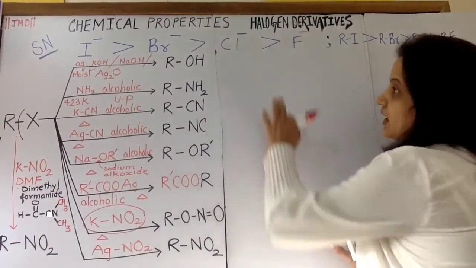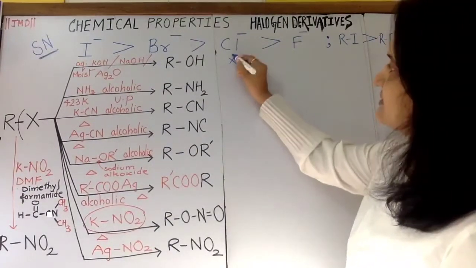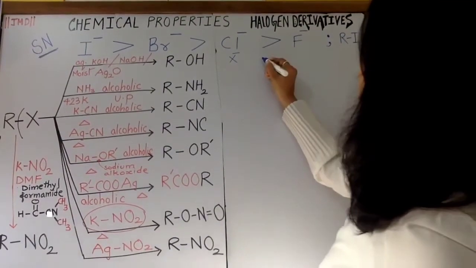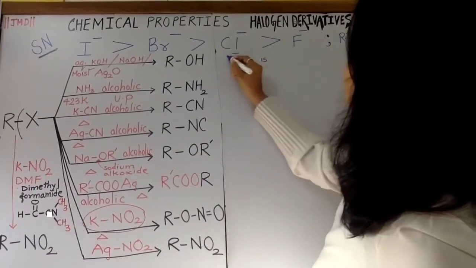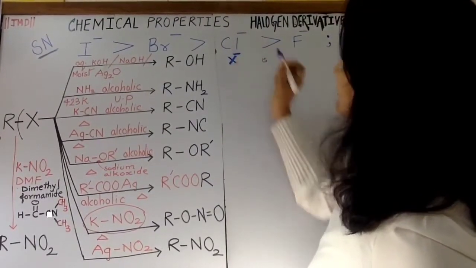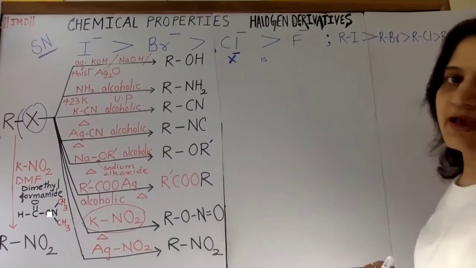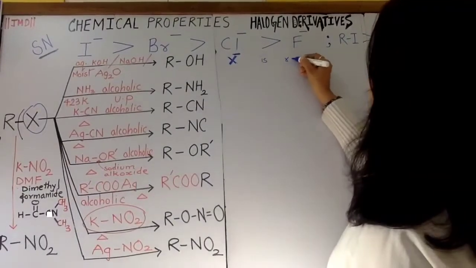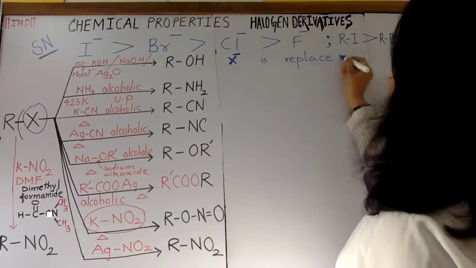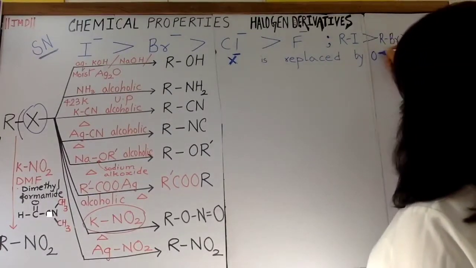In this case, X negative, the halide ion, is replaced by hydroxide.